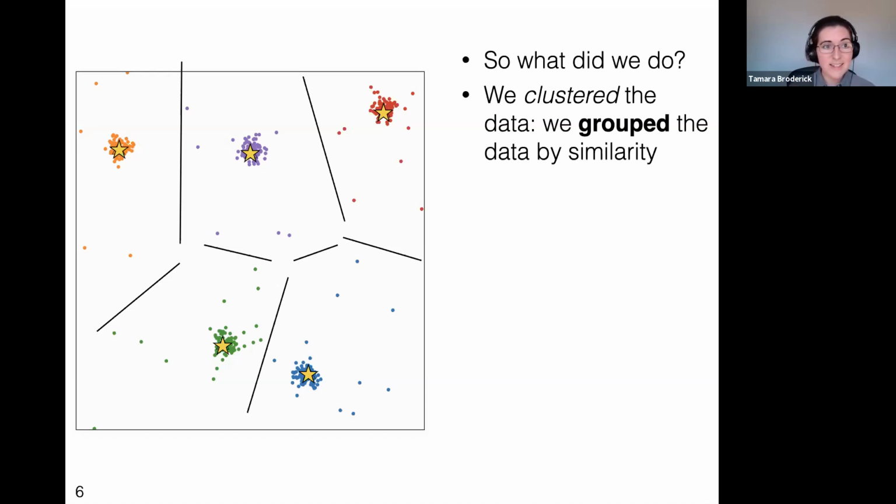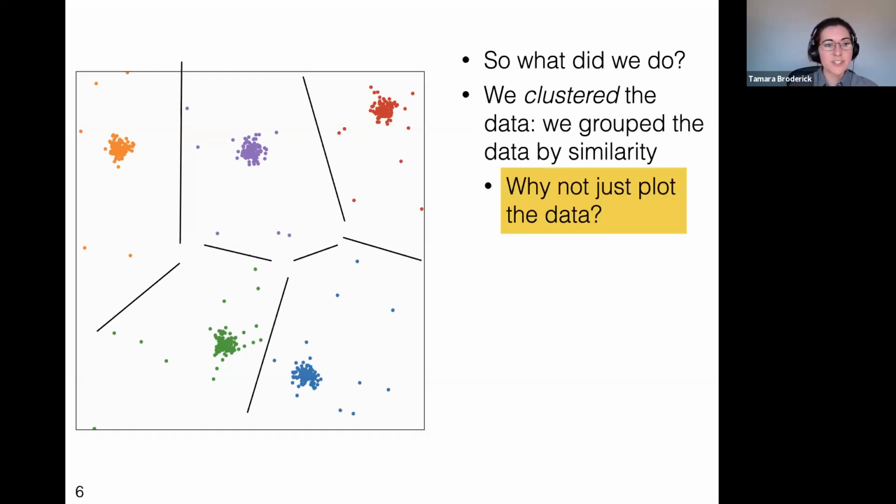And in fact, I don't have to have cluster centers to do clustering. All I have to do clustering is grouping data points together. In this particular case, I use cluster centers to help me do that, but I don't have to. I just have to say, here's a way that I'm grouping data points together.